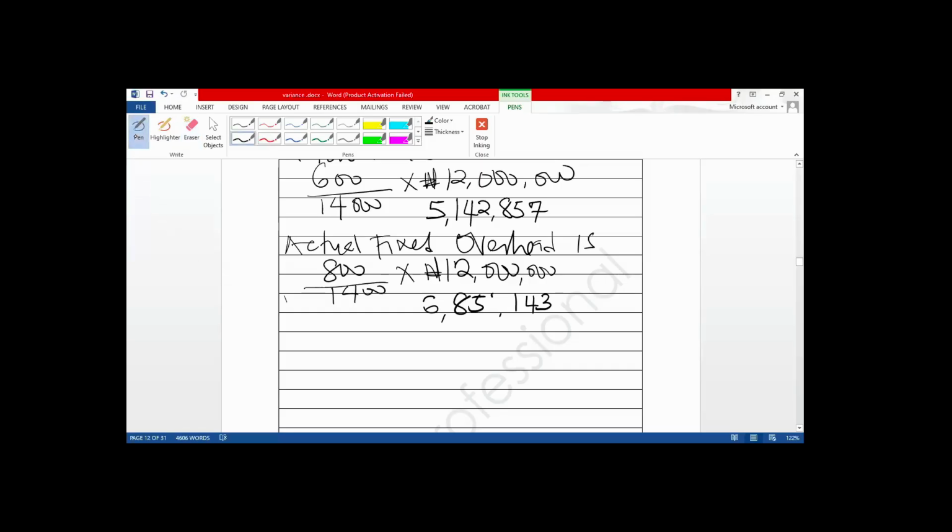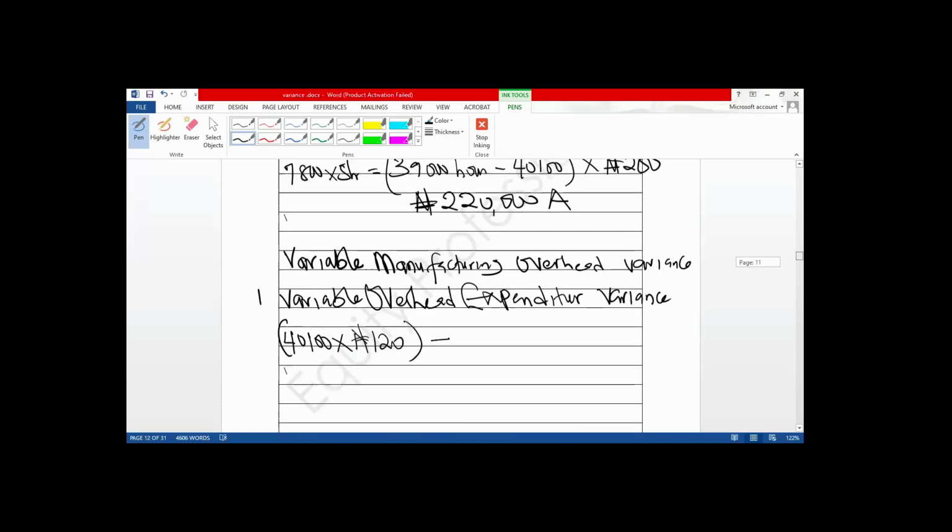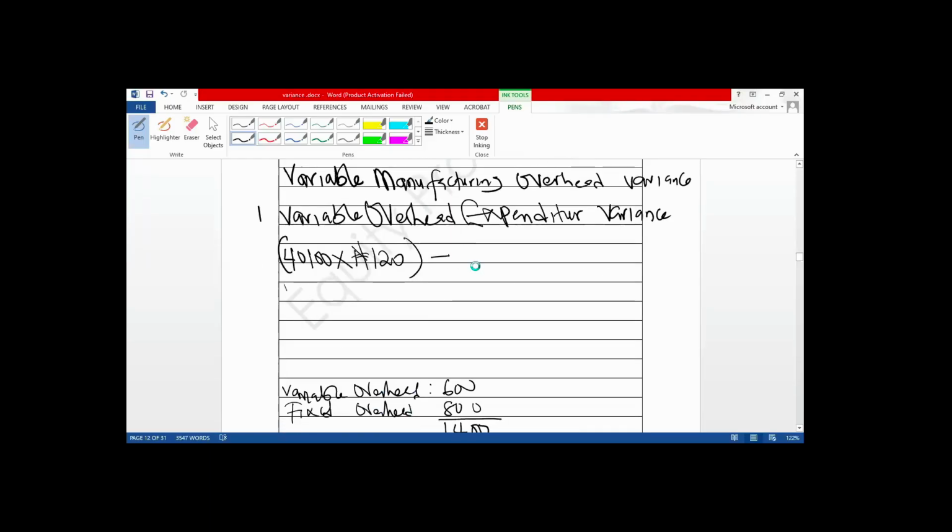You can now return to your calculation. Actual variable, 5,142,857.